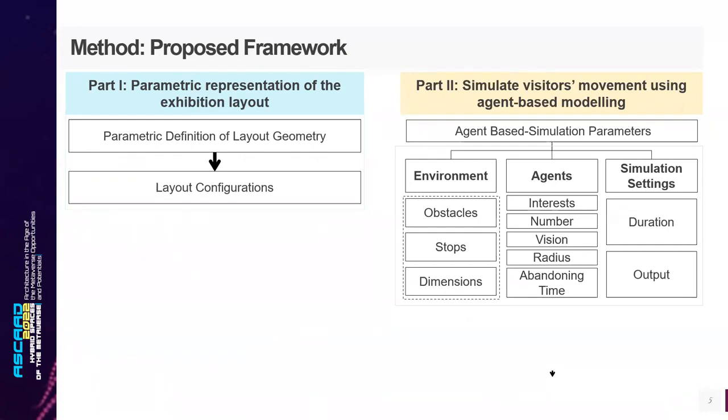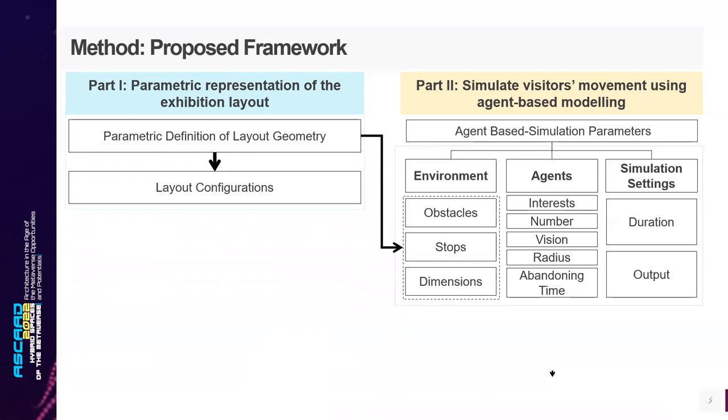The agent-based simulation parameters are first the environment that includes obstacles, stops, and dimension of the space, the agents that have a number of interests, the number of agents in the space, the vision, the radius, and abandoning time. Simulation settings such as duration of the simulation and the output data.